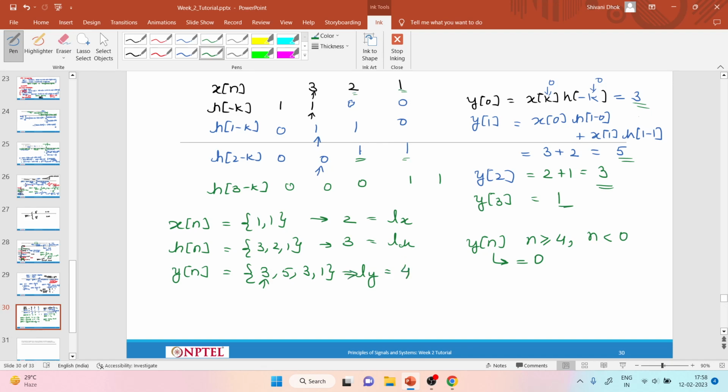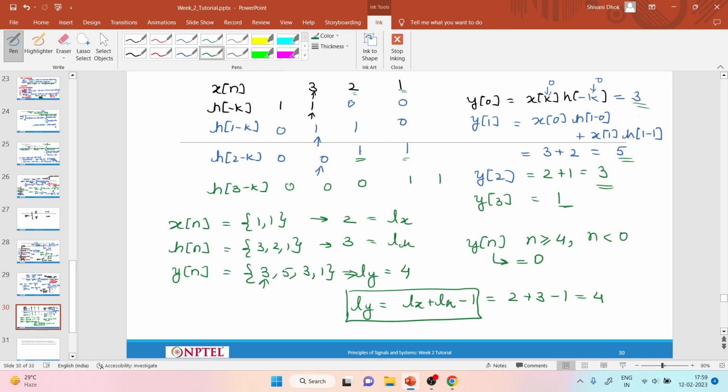If I try to formulate the relation between these, L of y is equal to L of x plus L of h minus 1, which is 2 plus 3 minus 1, that is equal to 4. So this relation holds every time.